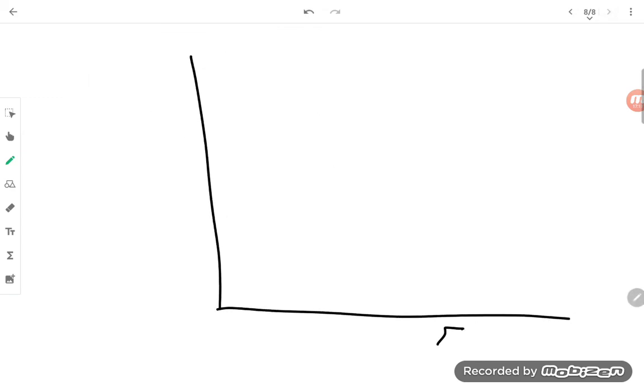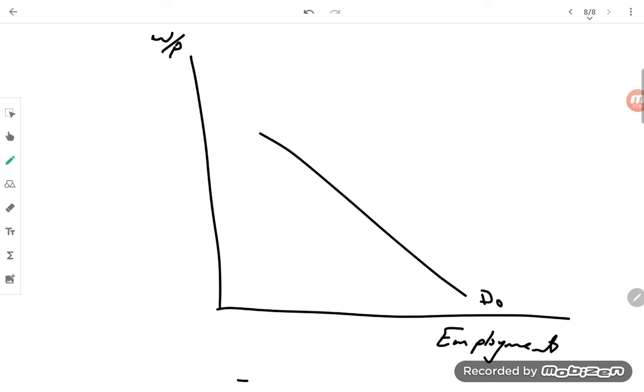This is the employment level. This is the real wage rate. Demand for labor, D node, at, say for example, this level. Wage rate is W1 over B1, which is equivalent to W node over B node.